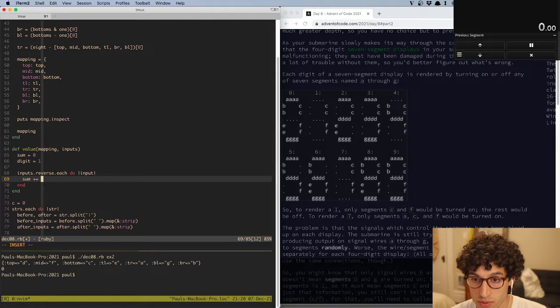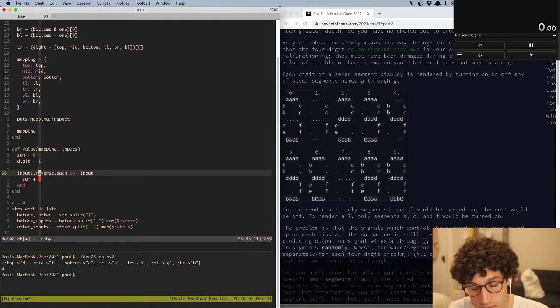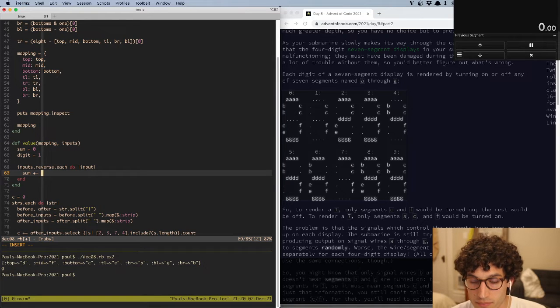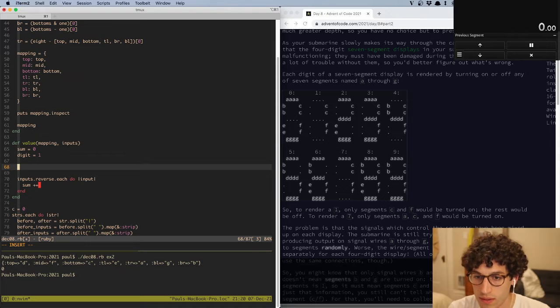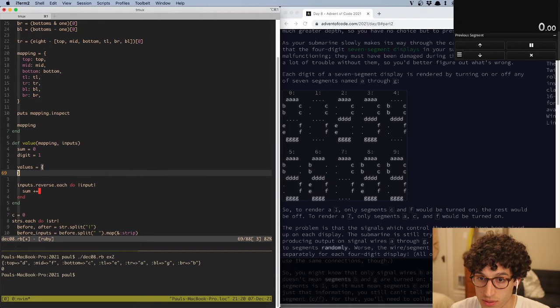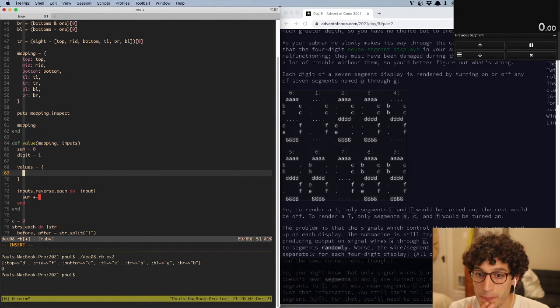Sum plus equals chars equals values equals.